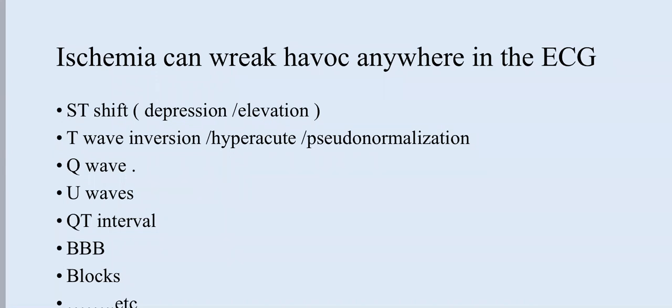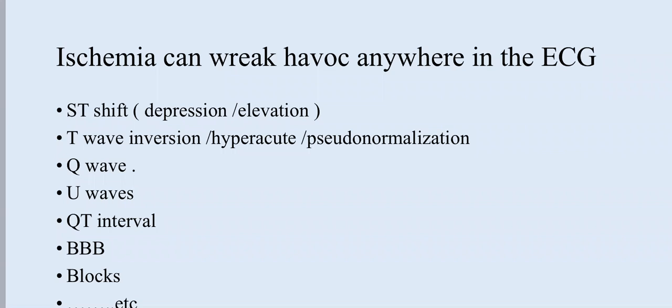It can be different manifestations. ST shift is one of them, depression and elevation. The T wave can be inverted, can be hyperacute, can be pseudo-normalized, meaning it was a baseline or pre-existing T wave inversion, and during ischemia it goes upright.